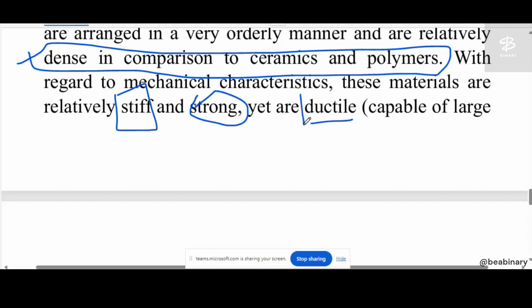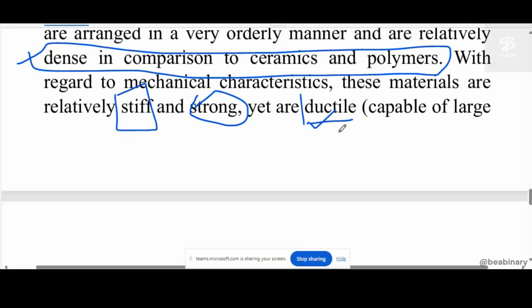If you categorize materials according to their capability of extension, they can be defined into two categories: ductile and brittle. Some are ductile and some are brittle.